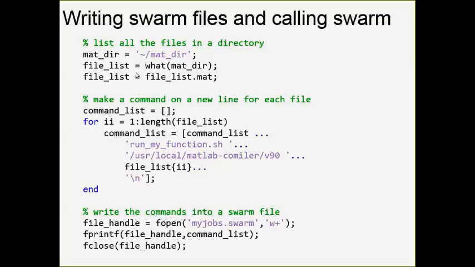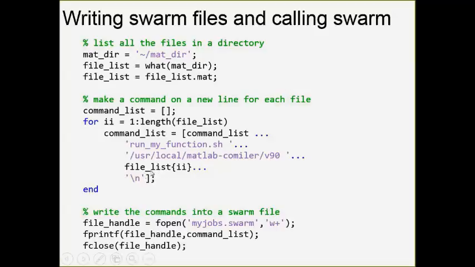And then the rest of this code is going to look almost identical to what I've already showed you for how to build a swarm file using a bunch of parameters, but in this case, those parameters are going to be file names. So this is identical to what I showed you earlier, except for this line right here. For simplicity, I just said file list II. Note that I could say full file matdir, file list II here, and that way I could have absolute paths to each one of these in my swarm file.